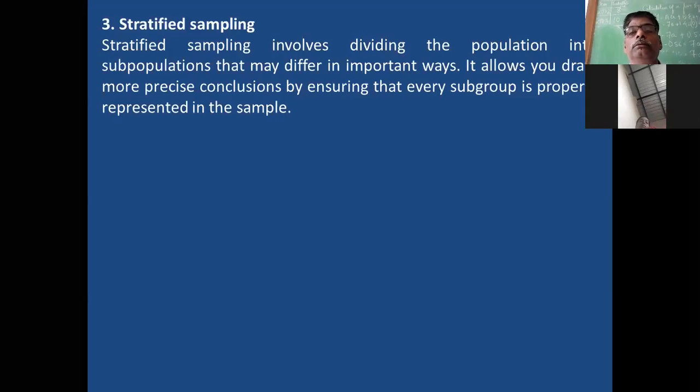For example, from arts faculty, you take 10 students. From science, you take 10 students. From commerce, you take 10 students. And you study the performance of those students. And the result of your study reflects accurate result regarding the performance of students of GI Bagewadi College. This is called as stratified sampling.